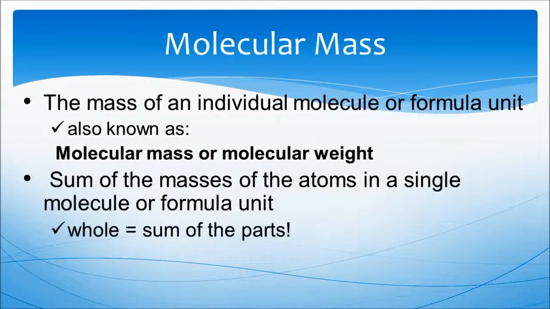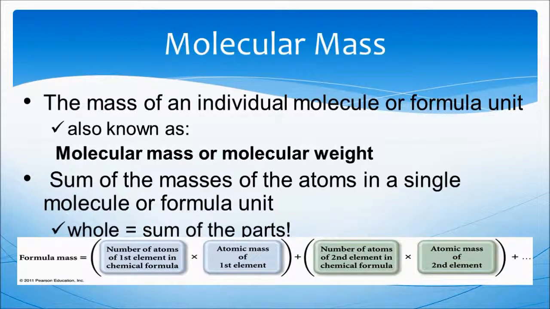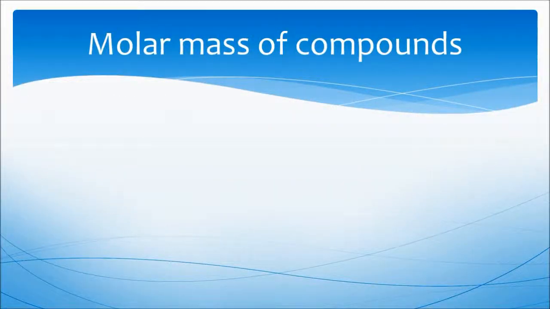Therefore, it is equal to the sum of all the parts. So the formula mass is equal to the number of atoms of an element multiplied by the atomic mass of that element. Then you add the number of atoms of a second element multiplied by the atomic mass of that element. The total will give you the molecular mass of a compound.